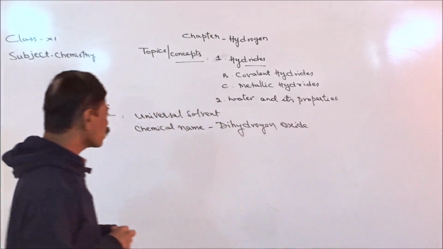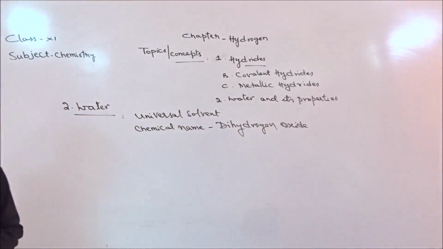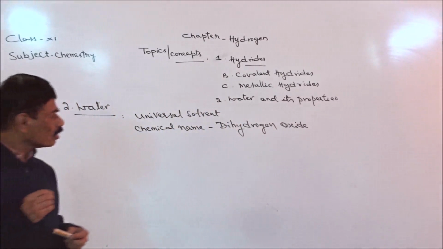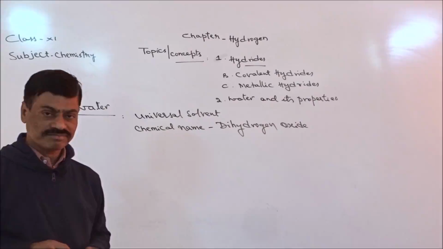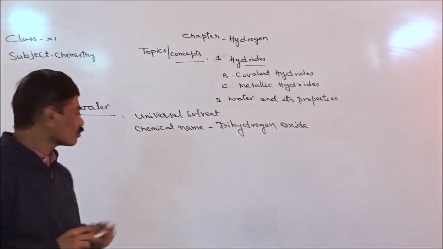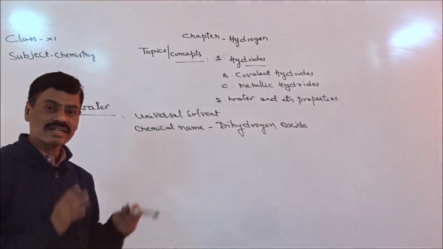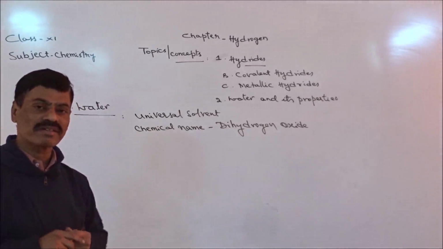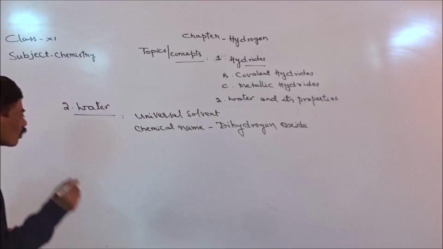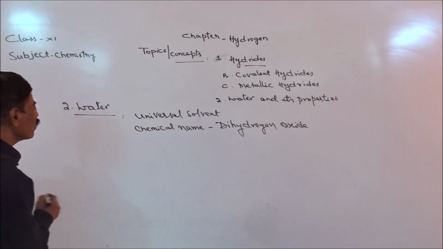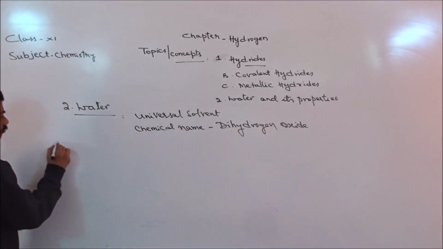Next, in this session, as I told you already, much information about water is deleted. Directly, physical properties and chemical properties are included. Now let us see what are the physical properties of water.